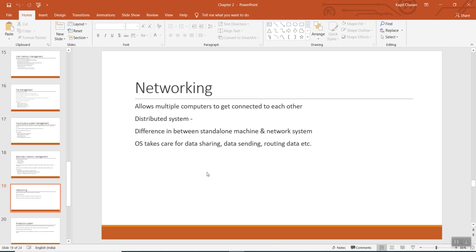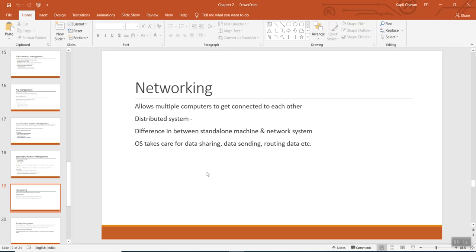And then, going to the next point, the OS takes care of data sharing, data sending, and routing the data. So when we connect with the network, we don't need to worry about how we are going to send the data. We just have to set up the network, and we use different APIs or system calls for sharing the data, and automatically the protocols take care of how to send your data to your friend's computer.